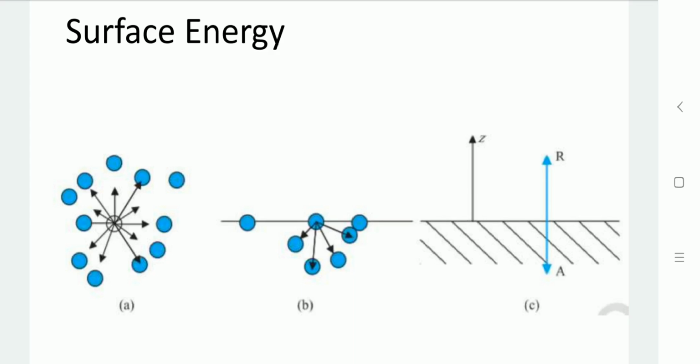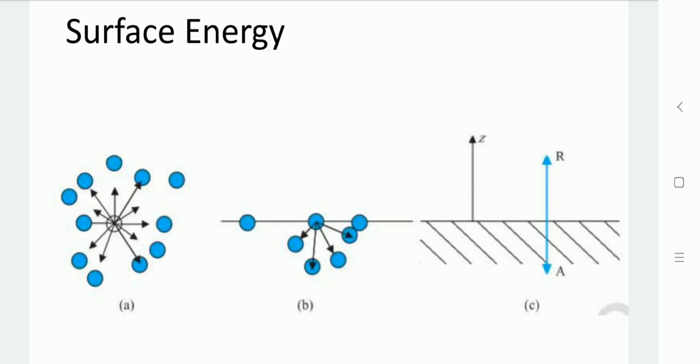In diagram B, as you can see, only the lower half of the molecule is surrounded by liquid molecules and the above part has air. So here the negative potential energy is available, but that is less than for a molecule in bulk. So a molecule on a liquid surface has some extra energy compared to a molecule in bulk.